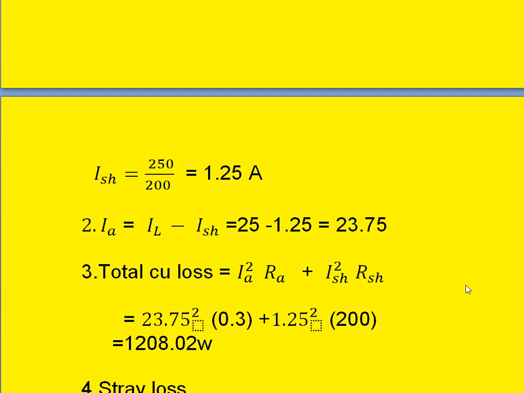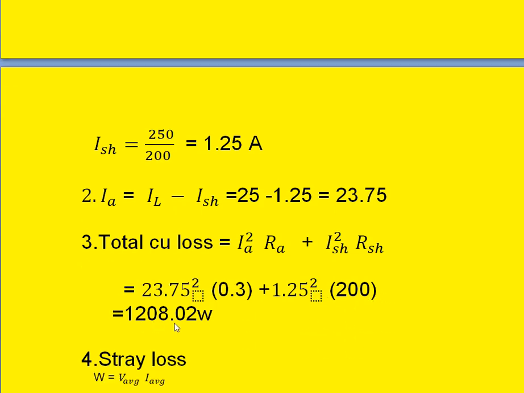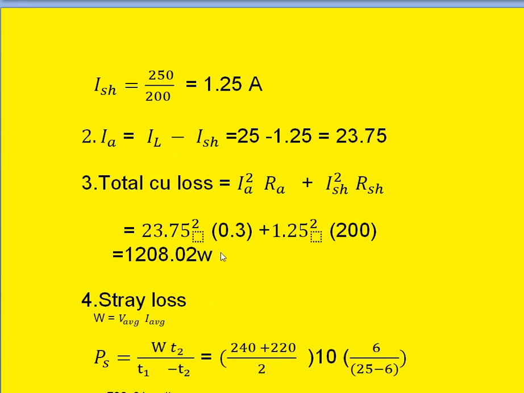We know the armature current and the field current, so we can calculate the total copper loss in the motor, that is Ia square Ra plus ISH square into RSH. So that is what we have done here, 23.75 square into 0.3 plus 1.25 whole square into 200. Then we get 1208.02 watts as the total copper loss. So up to here, whether you know the retardation test or not, we can calculate.